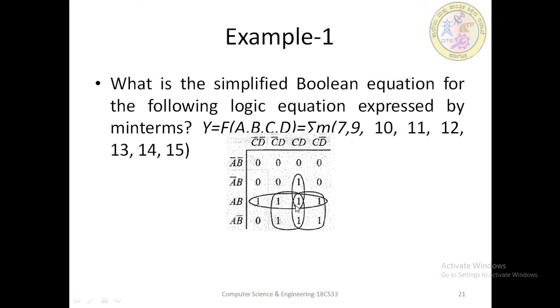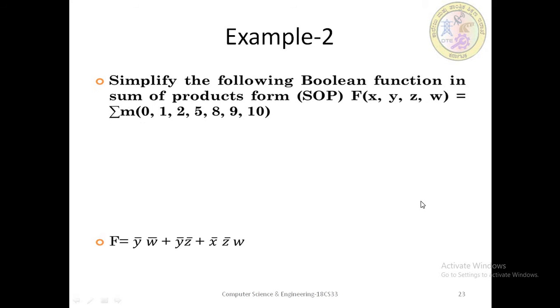Why? Here you can see, this is one, right? This is independent. This is independent. This is independent. Those are not covered. That means all the four are correct, because all the four are covered, having at least one identical term.